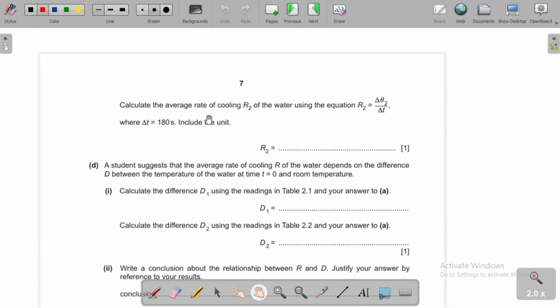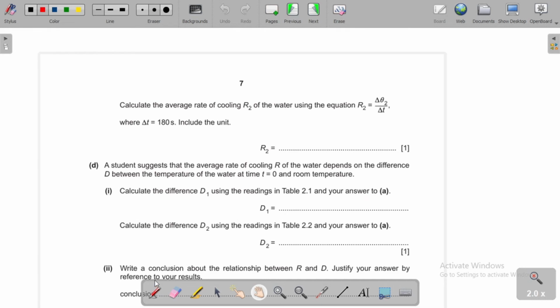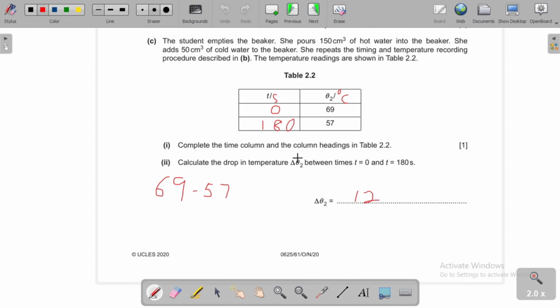Now, calculate the average rate of cooling R2 of the water using the equation R2 equals delta theta 2 divided by delta T. Let's get the values. The change in temperature 2 is 12, divided by delta T. What is the value?